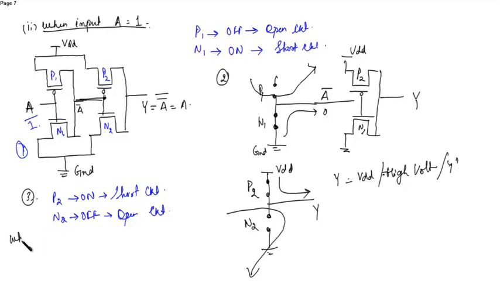So when A is equal to 1, the obtained output Y is also equal to 1. This is verified. So now you can see that the truth table is correct.